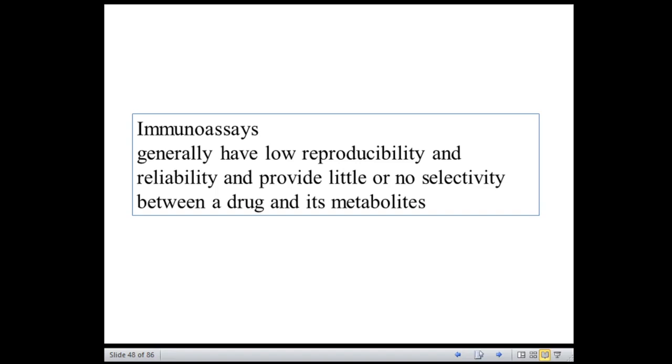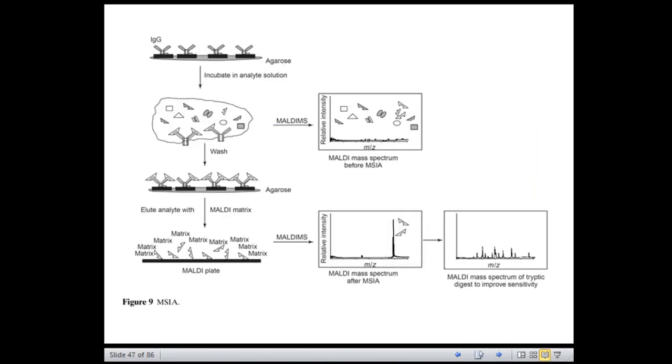The isolation is performed by incubating the biological matrix with the antibodies. Now these antibodies are immobilized on a solid support, and during the incubation the analyte is captured on these immobilized antibodies, and after a series of washes the antibody antigen interaction is disrupted by addition of the acidic MALDI matrix. It is very much similar to your enzyme linked immunosorbent assay.